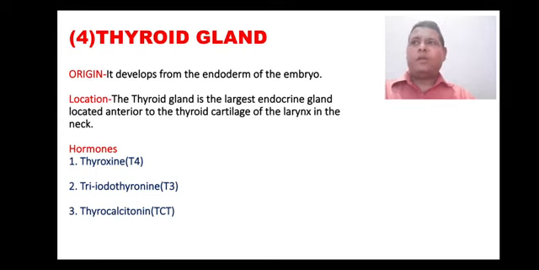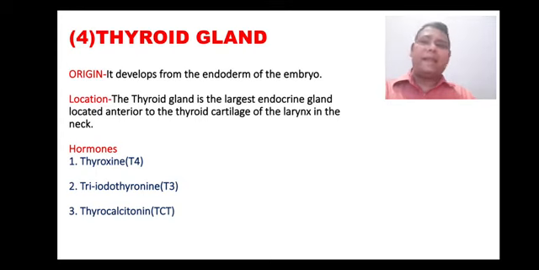Number 1, thyroxine, T4, and triiodothyronine, T3. T4 and T3 contain 4 and 3 atoms of iodine respectively, and therefore they are named so. T4 and T3 have similar effects on the target cells, and they are generally considered together as thyroid hormones.